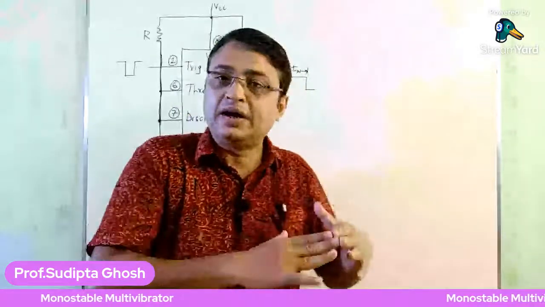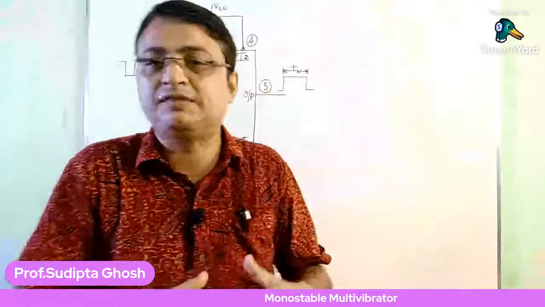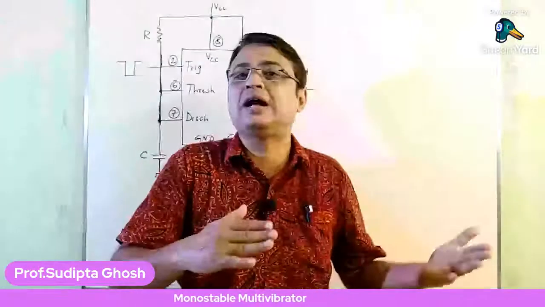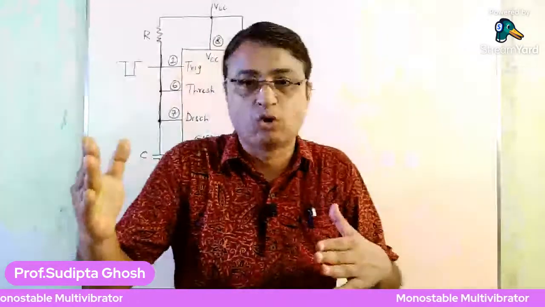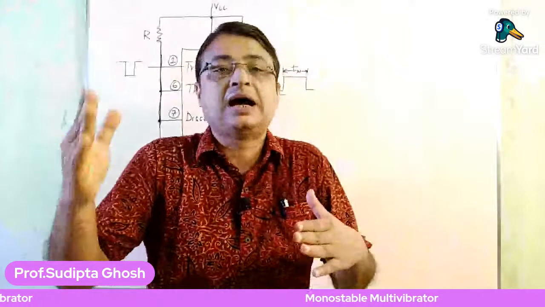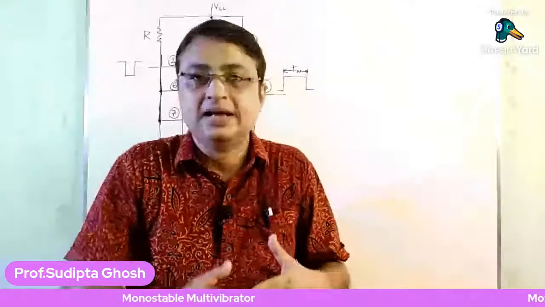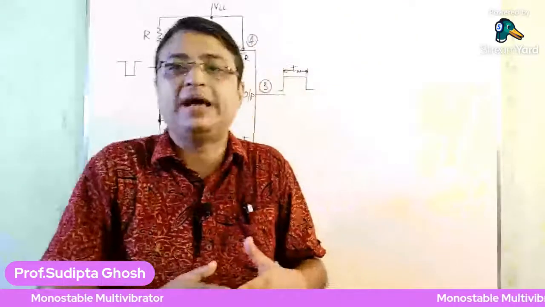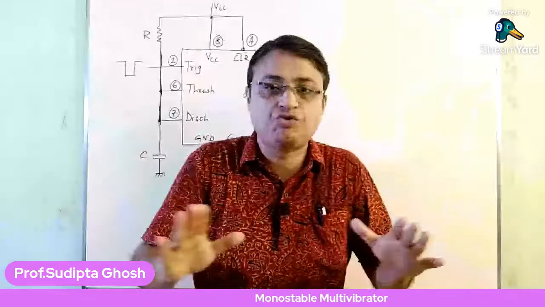It was initially at the value of 0, and that is the stable state value. After applying the trigger input, the output of the monostable multivibrator goes high, and certainly it will come down to 0 again, and that will require no trigger voltage value.